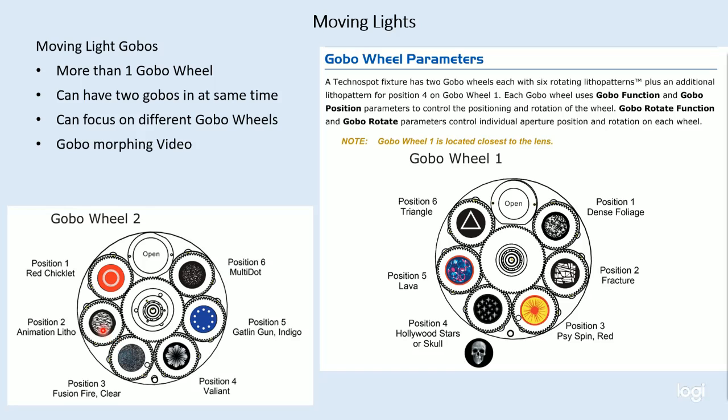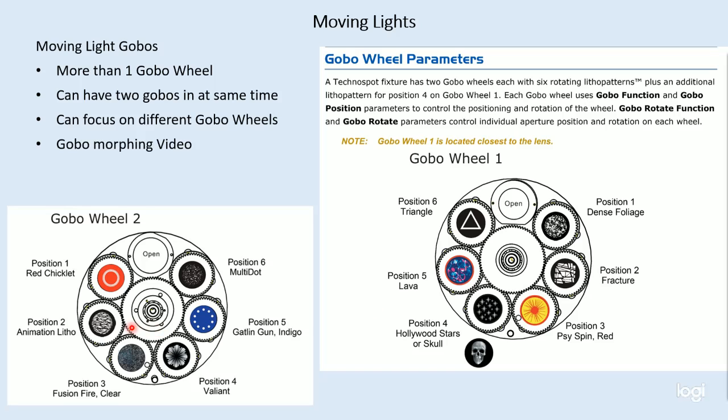It's got this bark sort of water texture, this little sunrise thing, this red circle or white circle in a red background, and a Gatling gun, which is just a blue field with little no-color dots around the edges. And the cool thing is that I can put one gobo in on gobo wheel 2 and a different gobo on gobo wheel 1, and it will project both images.